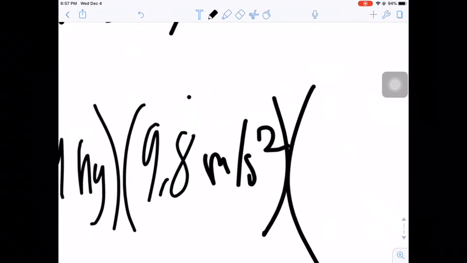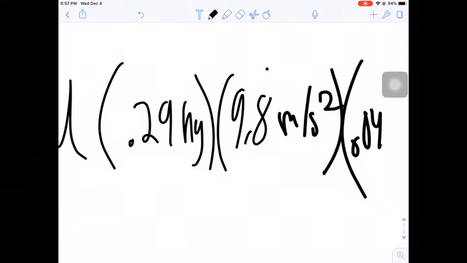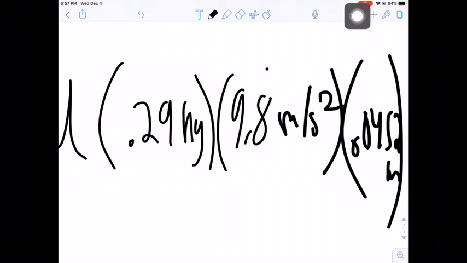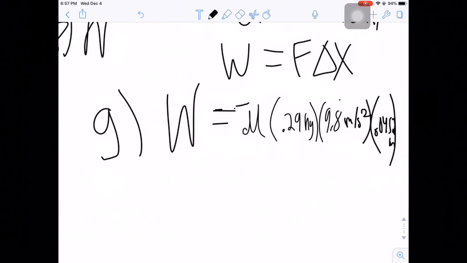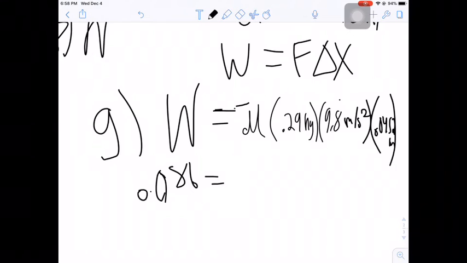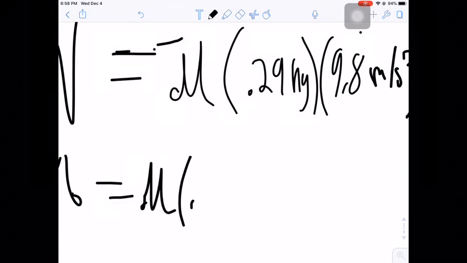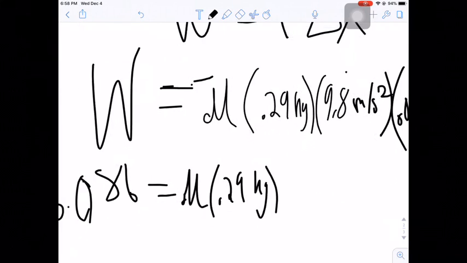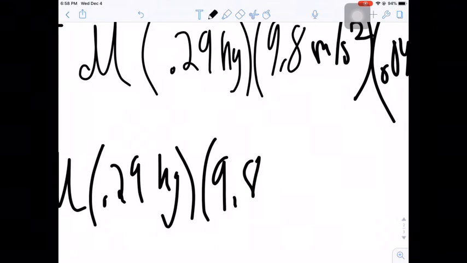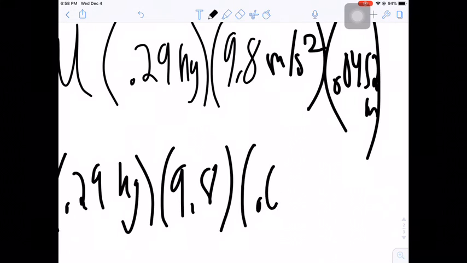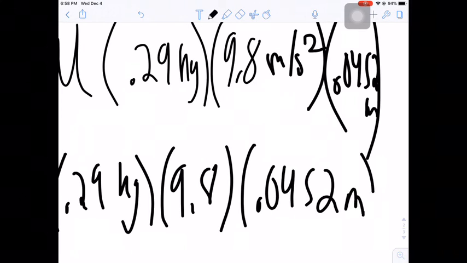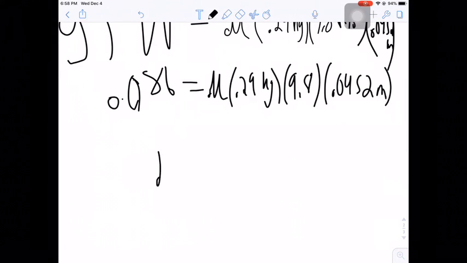The displacement we know was 0.0452 meters. We can use the same work from before, 0.086. Then we solve for our coefficient, which comes out to be 0.67.